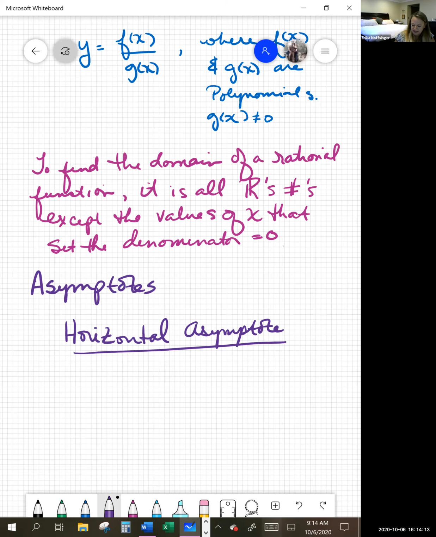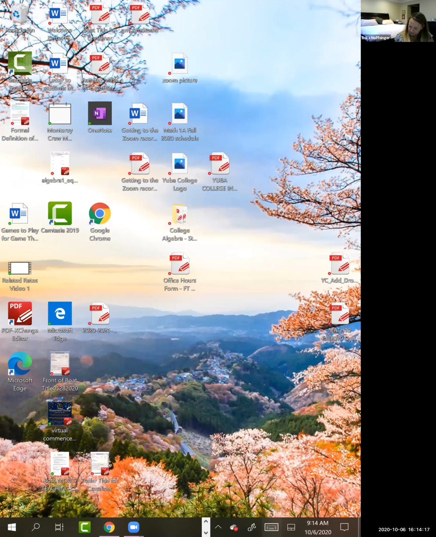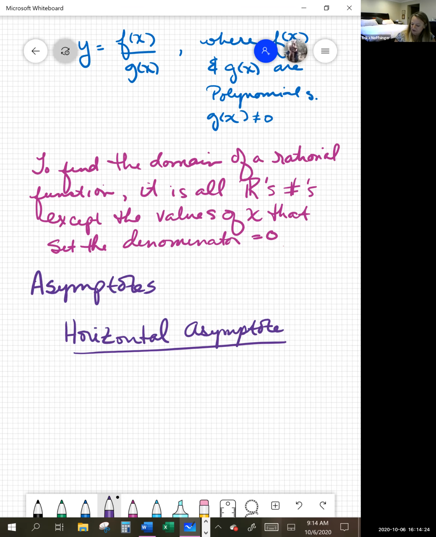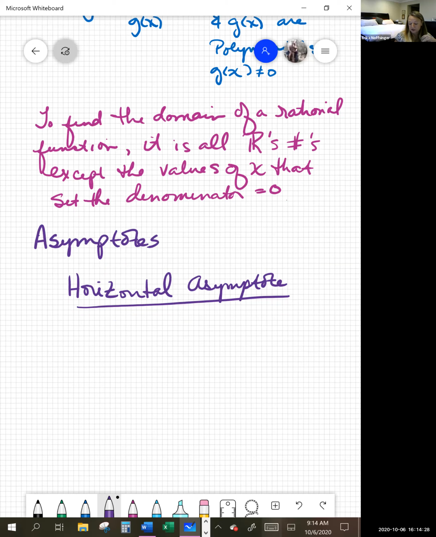What's happening is, as your value of x goes to positive infinity or your value of x goes to negative infinity, your y value is just going towards one number.